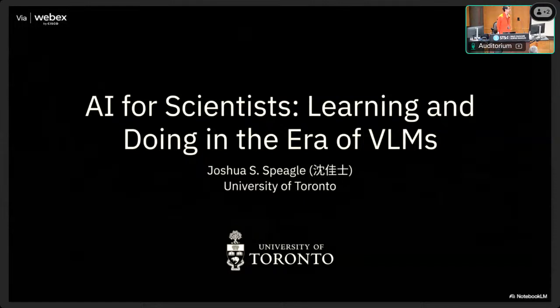After seeing the agenda for some of the talks and some conversations I'd had, I asked permission and was granted, or at least forgiven, for completely changing the talk. So I instead wanted to talk about what I would call AI for scientists: learning and doing in the era of VLMs.